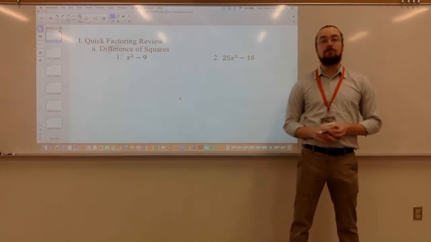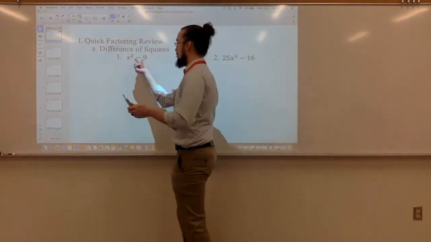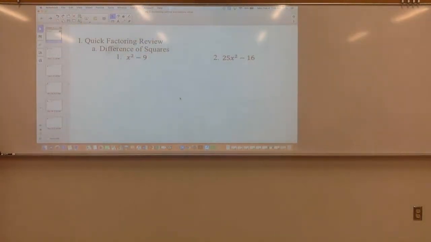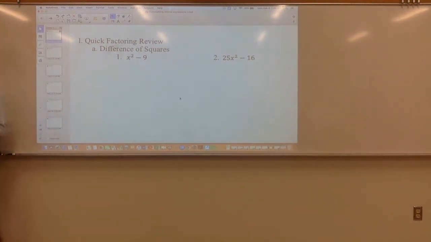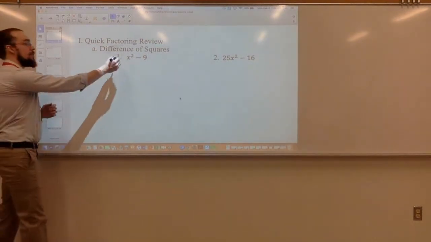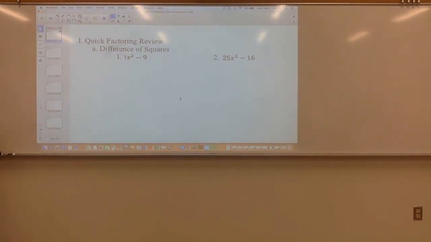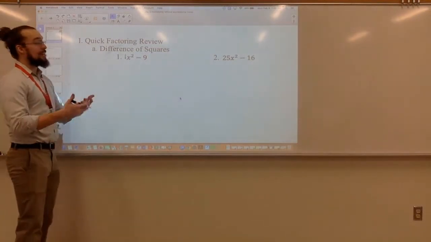GCF, right? So, first thing, if I look here, do I have a GCF between x squared and 9? No, there's no 3 here. So this would be a coefficient of 1, if there isn't a coefficient there. So x plus 1, x minus 1, right, so there isn't a GCF.